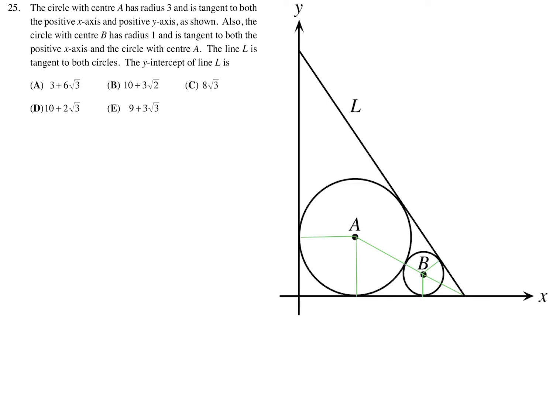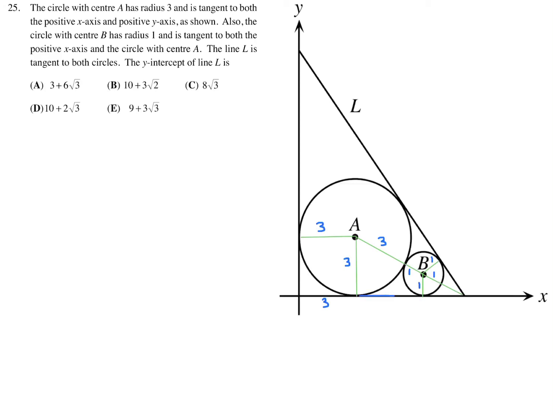Now let's label the distances, what we know. We know that the radius of the large circle is 3. And therefore this is 3, and that's 3. And this is 3, and so on. They're all radii. The radius of the small circle is 1, so this is 1, and this is 1, and this is 1 right here, and this is 1 right there.